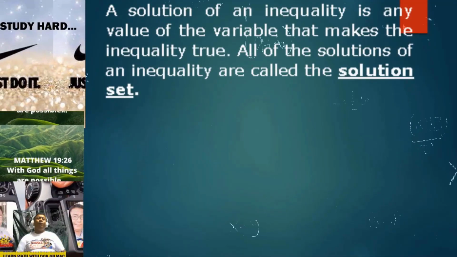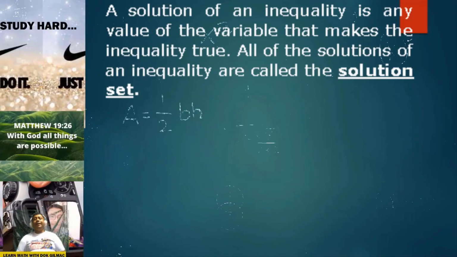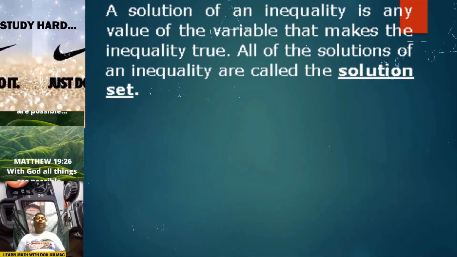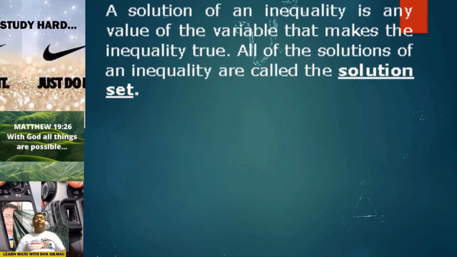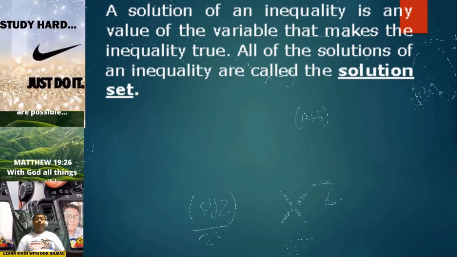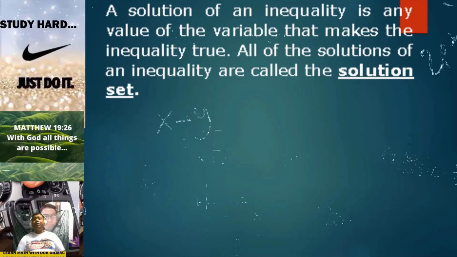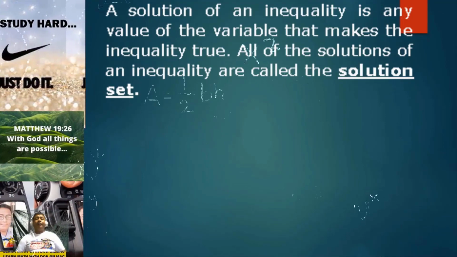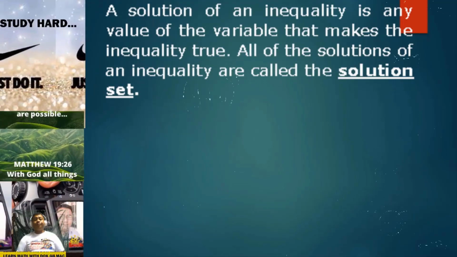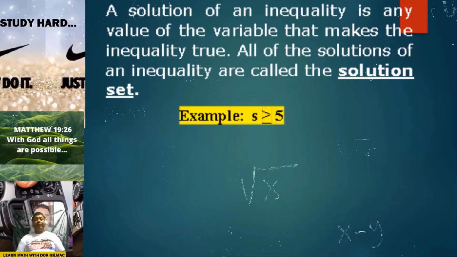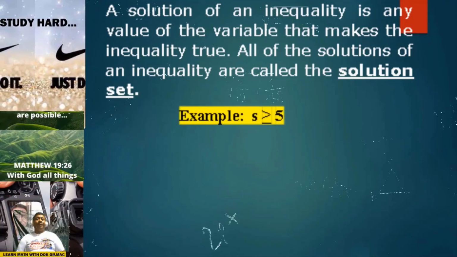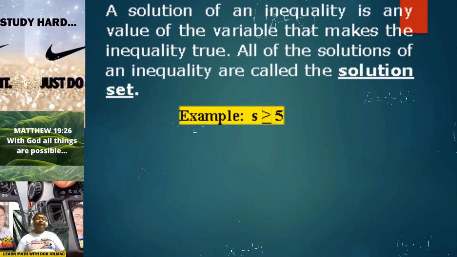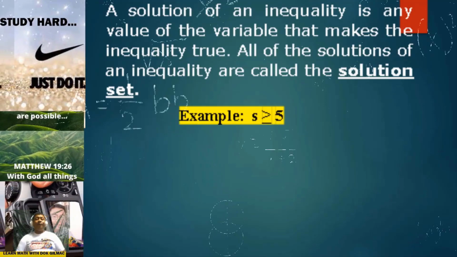A solution of an inequality is any value of the variable that makes the inequality true. All of the solutions of an inequality are called the solution set. Example: S is greater than or equal to 5.